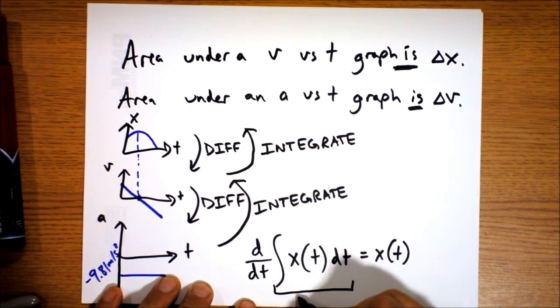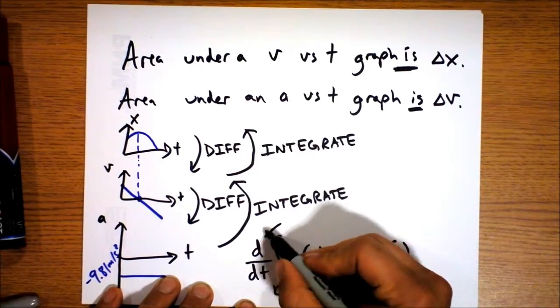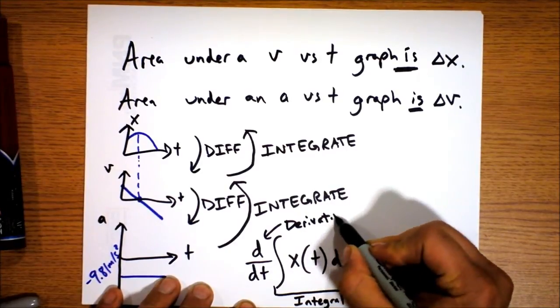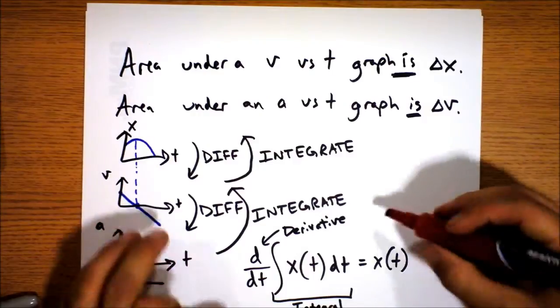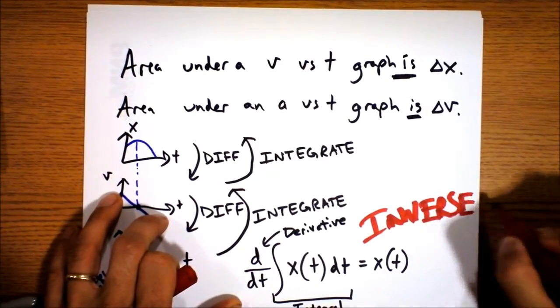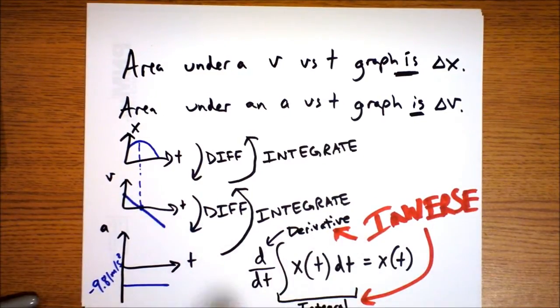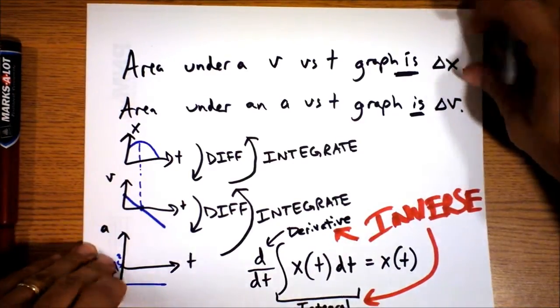So this is the integral part, and this is the derivative part, and they are inverses. Let's put that in red. Those two operations are inverses of each other, which means they undo each other, much like squaring and square rooting undo each other.